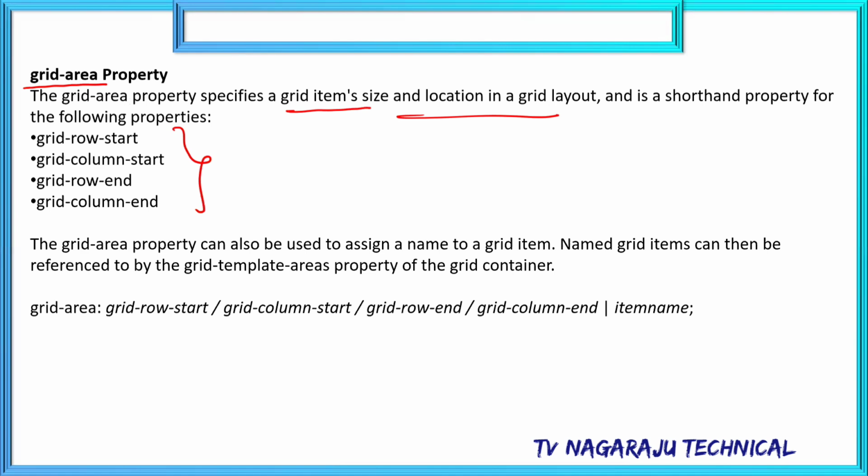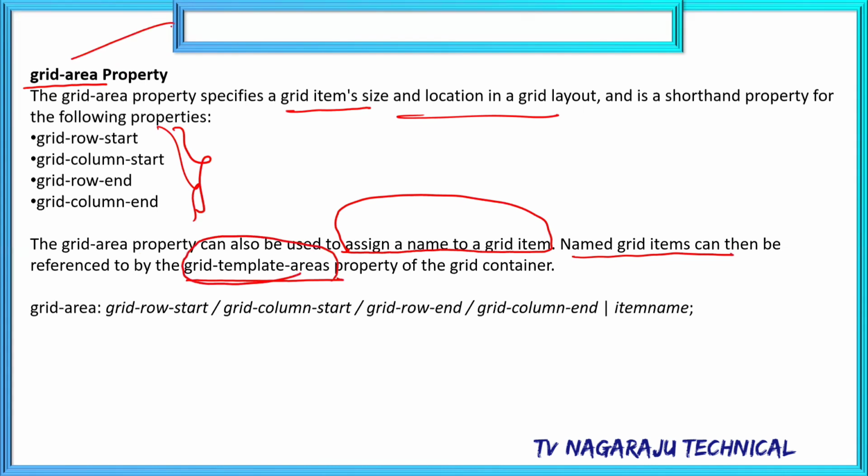Additionally, the main theme of the grid area property is to assign a name to the grid item. Once we give a name to the grid items, these names can be referenced by another property, grid template areas. That means we are using these two properties.